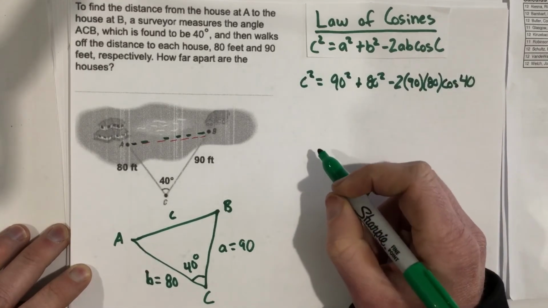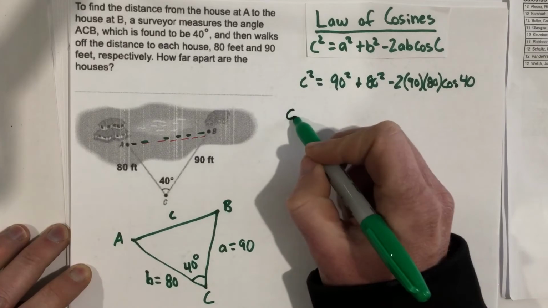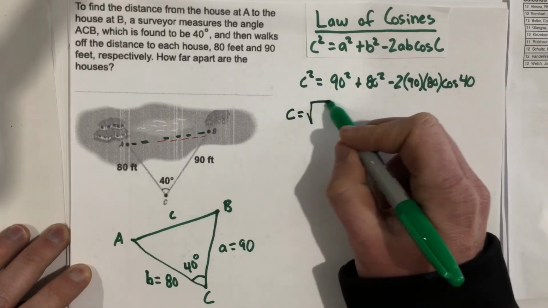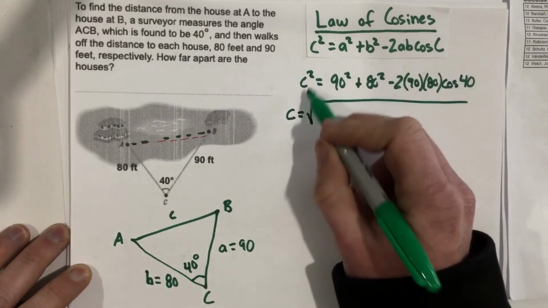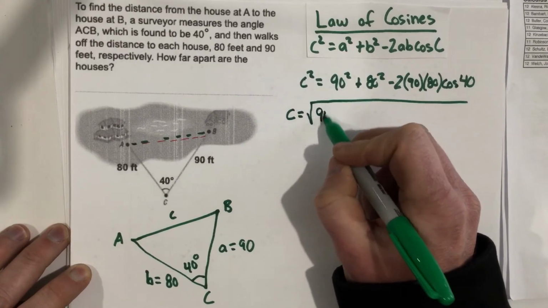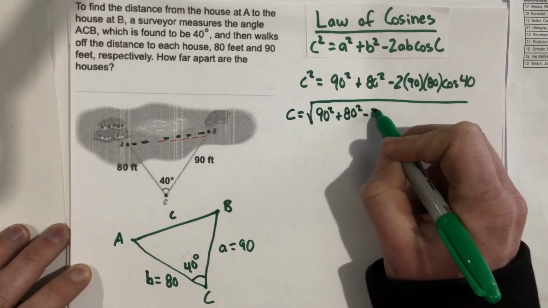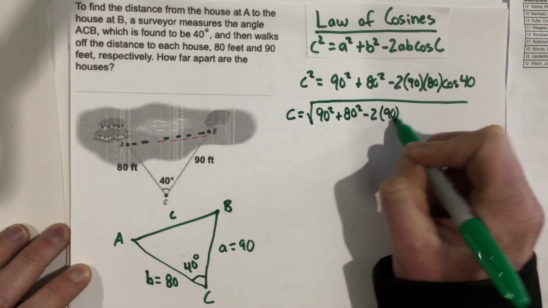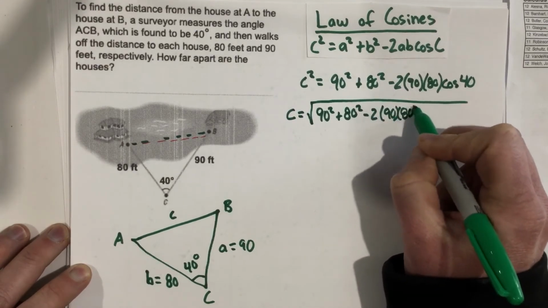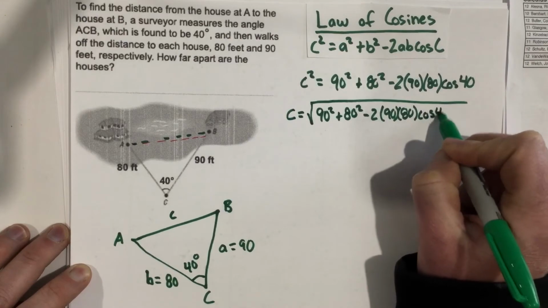And then we can go ahead and say that c is going to be the square root of this whole thing. By square rooting each side, we get 90 squared plus 80 squared minus 2 times 90 times 80 times cosine 40.